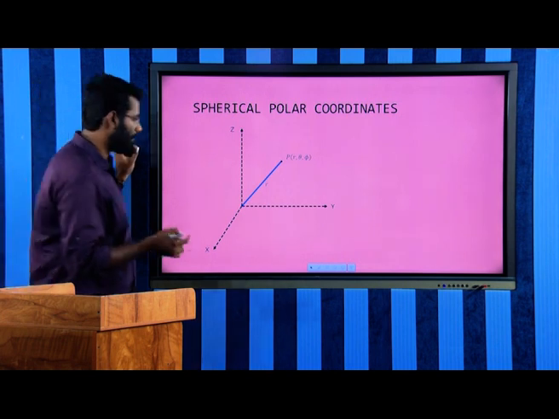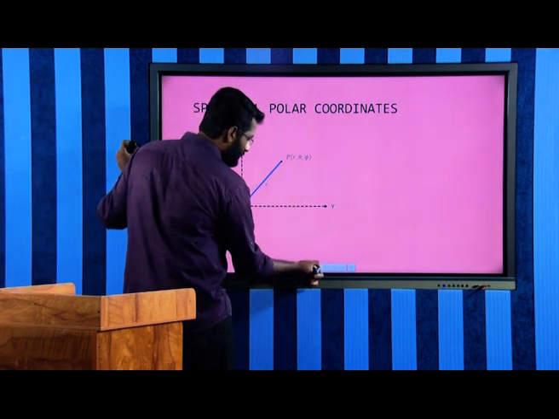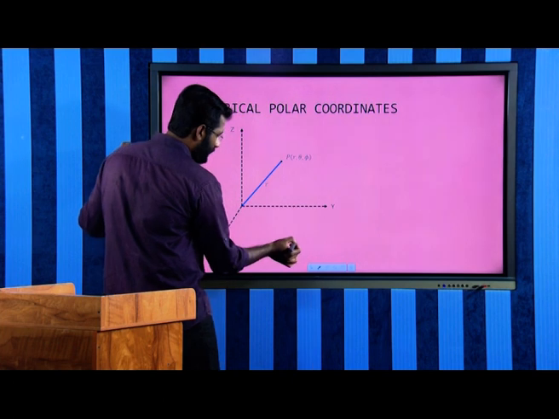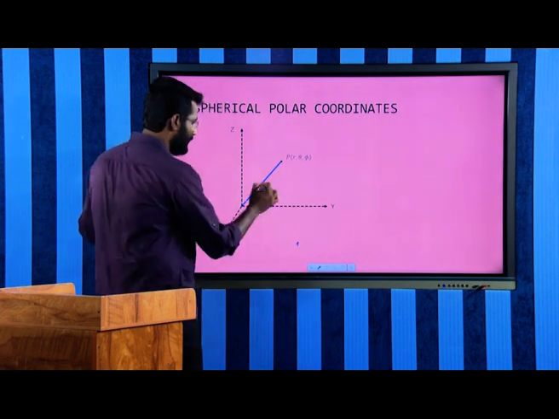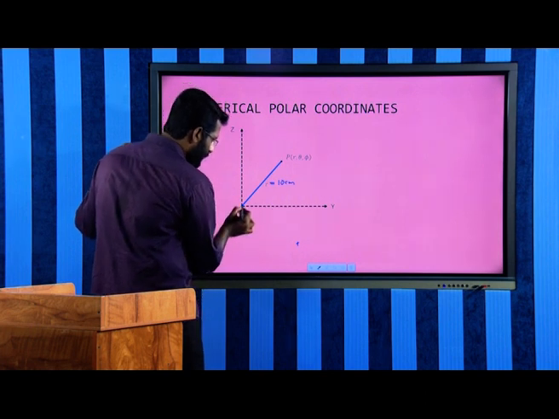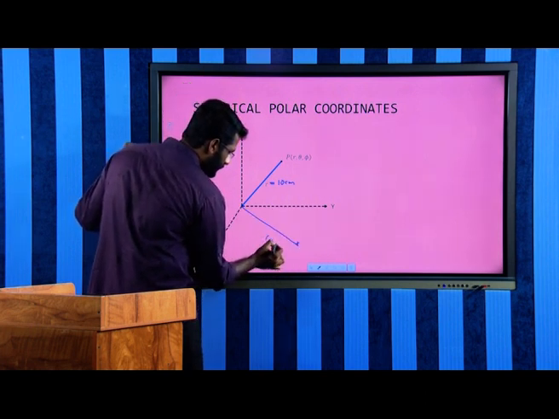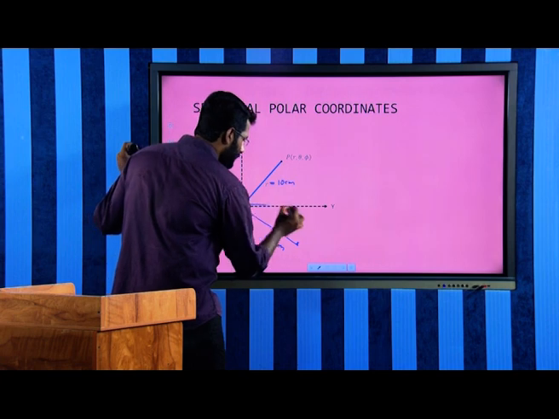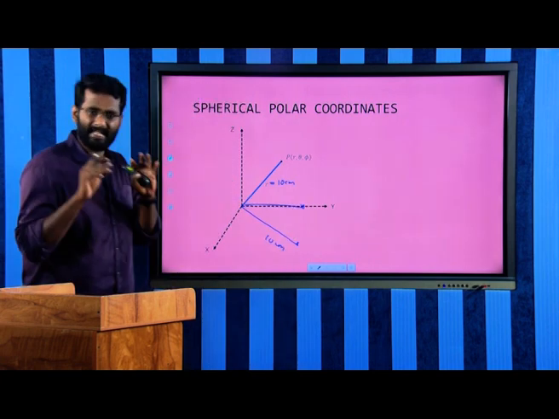Why am I specifying distance? Here we can take another point. Let r be equal to 10 centimeter, and I can take another point here with the same 10 centimeter. So, it is just a distance.